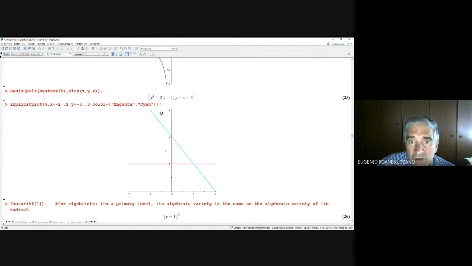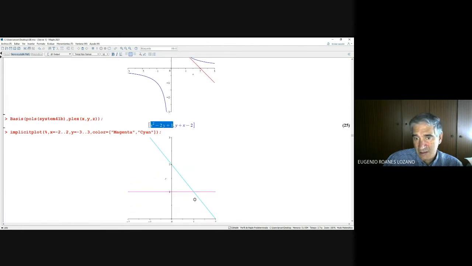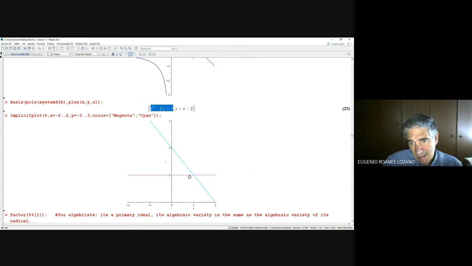Well, from a more technical point of view, really, this is y minus 1 squared. Algebraists would say that this is a primary ideal generated by this polynomial, and the variety is the same as that of its radical. But, well, thinking from a naive point of view, we have described this point this way, this intersection of these lines. The only thing is that this line is described not directly.